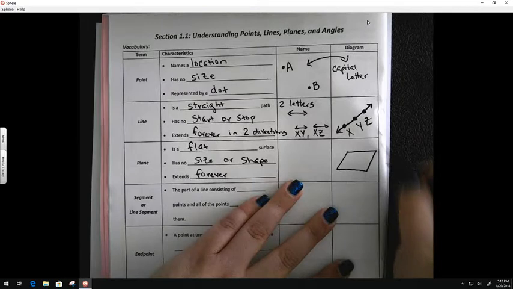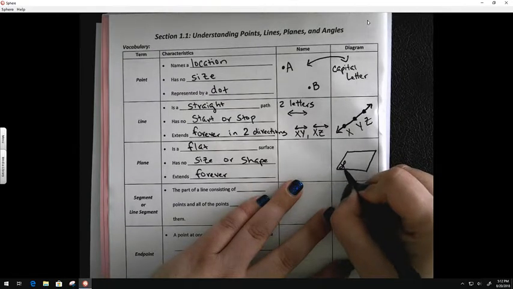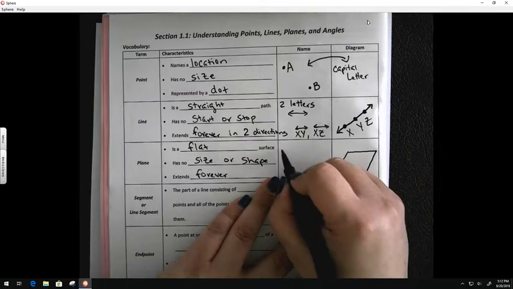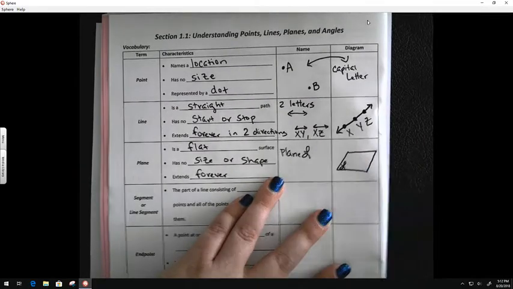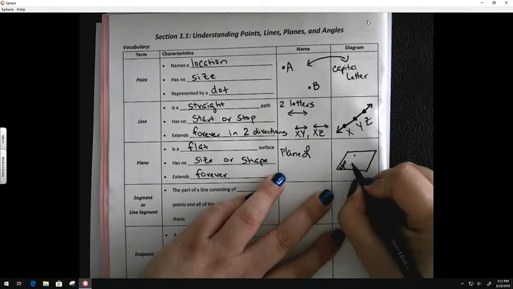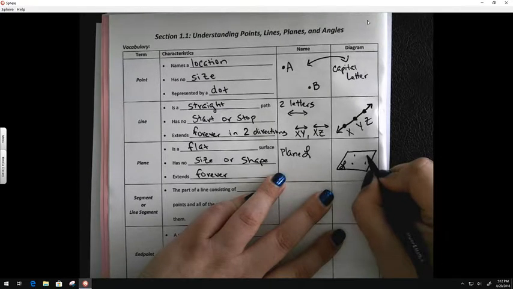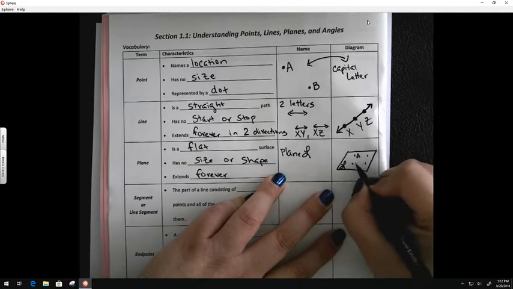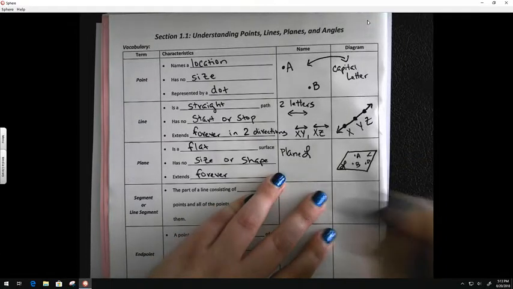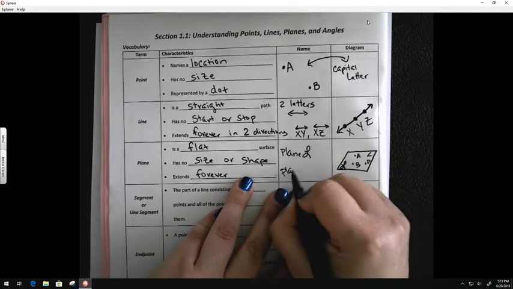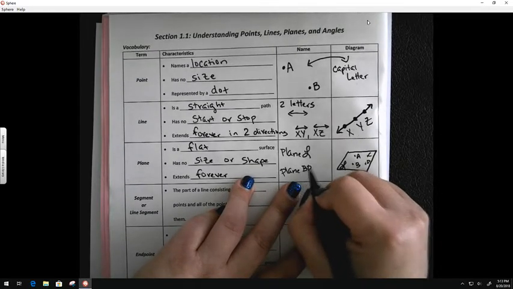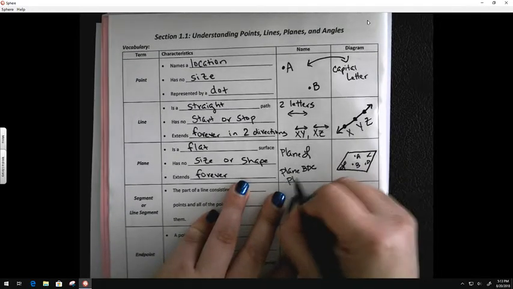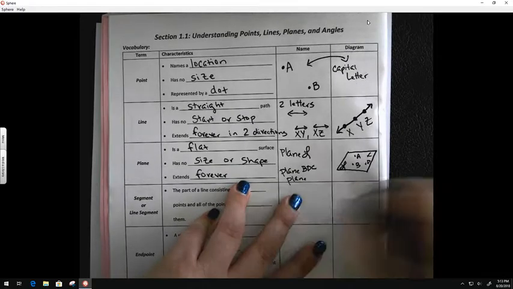Okay, and we could put a cursive letter in the bottom corner and call it plane L. Or we can pick points in the plane, so A, B, C, and D, and we can call it something like plane BDC. Or we could call it plane ADB.